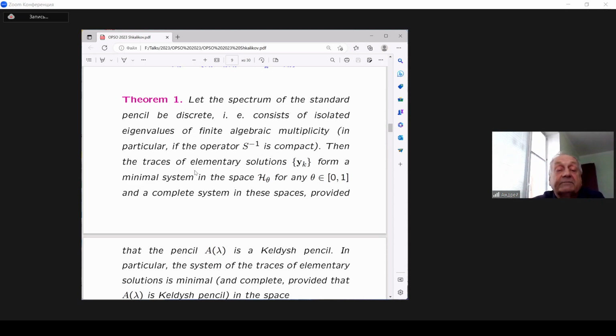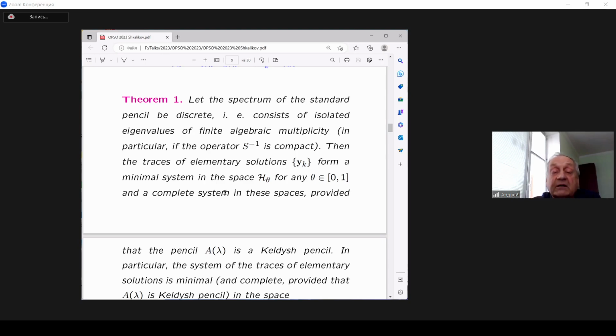In this case, the traces of elementary solutions y_k form a minimal system in the space H-hat_zeta for all zeta belonging to the segment [0,1].